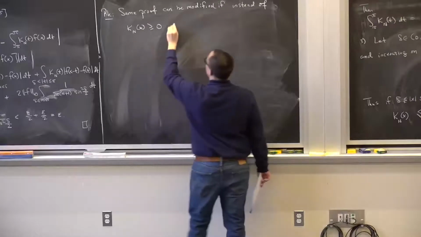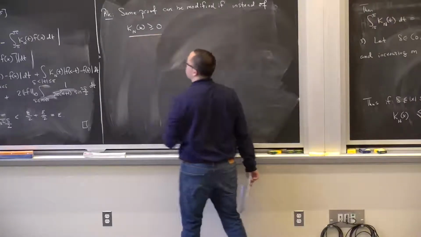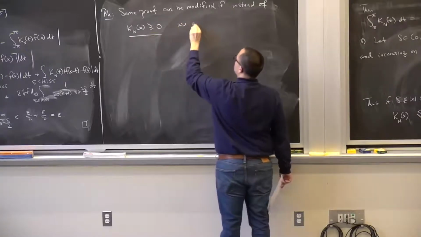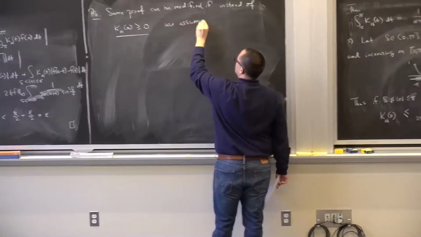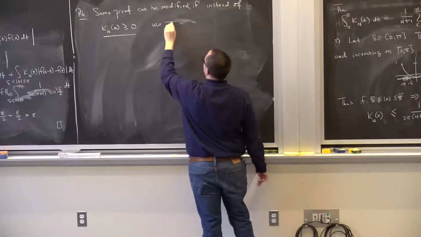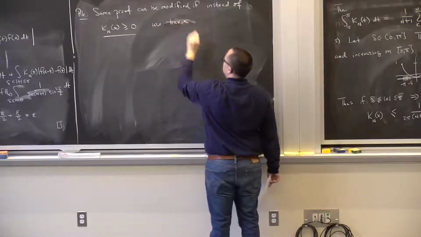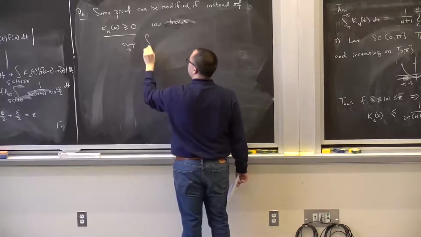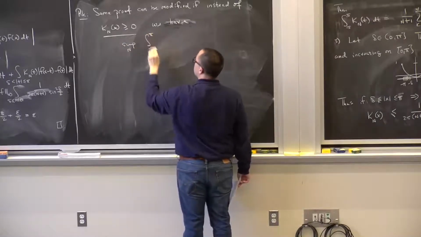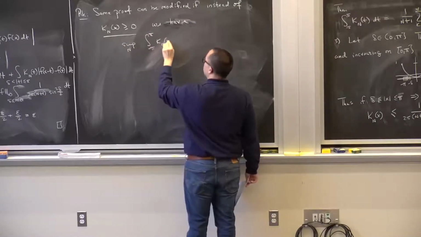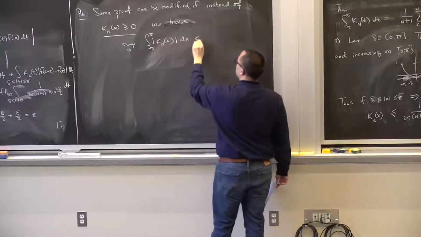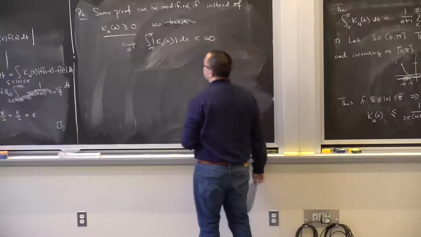So if instead of this property, which we had for the Fejer kernel, we have that the sup over n of the integral from minus pi to pi of the absolute value of kn of x is finite.